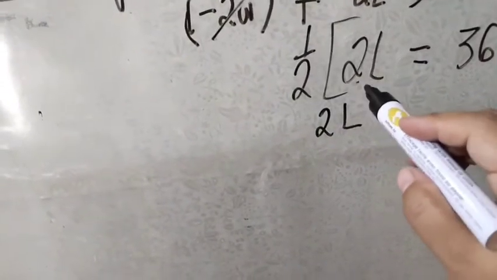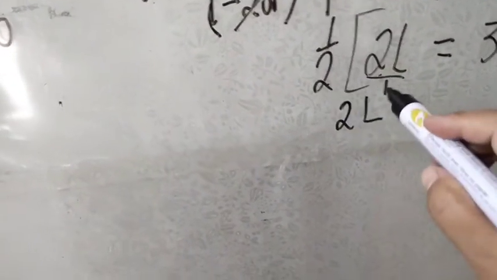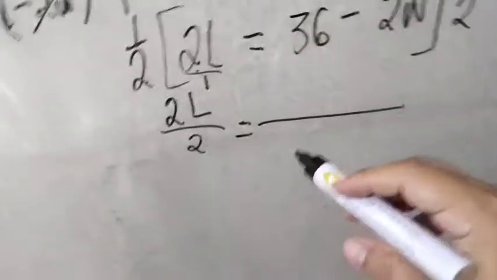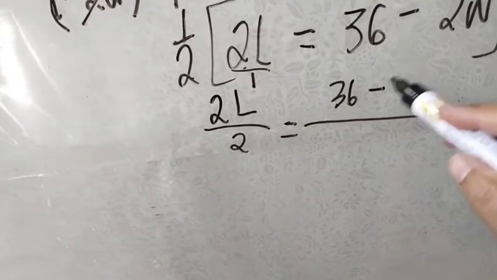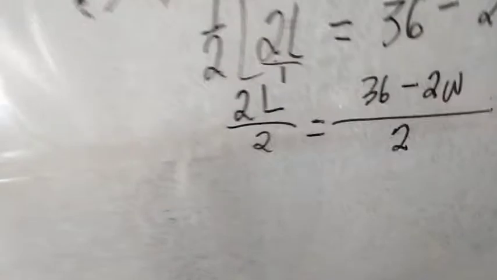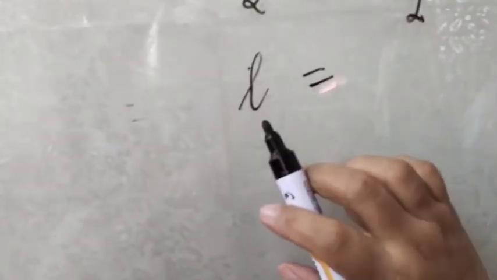And 2L times 1 is 2L. Since 2L is a whole number, meron siyang denominator na 1, and 2 times 1 is 2. Same with the other side of the equation. It gives you 36 minus 2W over 2. Then, let us simplify. 2 divided by 2 is 1 times L is L equals, kailangan kasi ang ating variable is small letter lang.